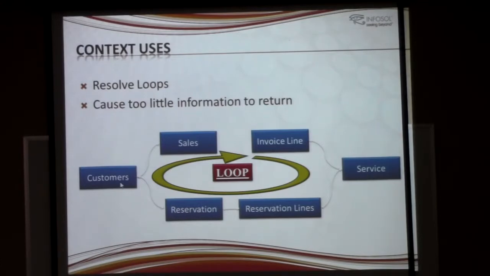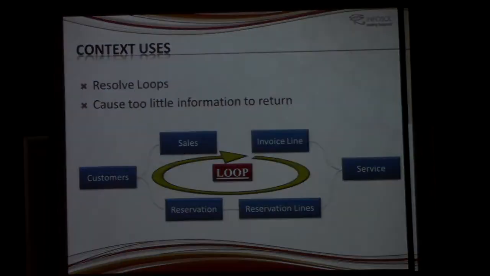Loops in a universe design are very common, and they're different. For example, if this was just a pure database, most people working in a database are going to SQL Server or something and write a query. They're going to write a query for sales, and a query for reservations. So there's no conflict there.